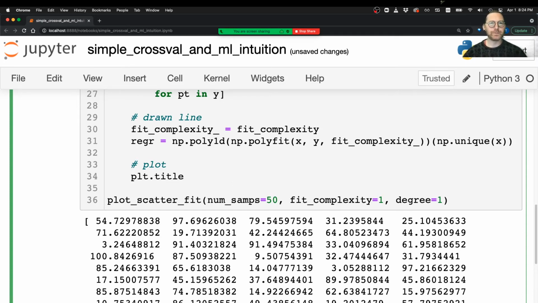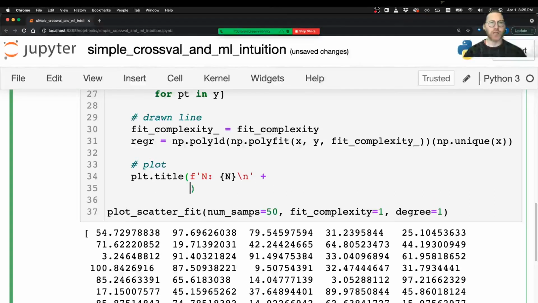I'm going to make a title, and I'm going to say n. This is just the number of items, and maybe I'll do this as an f string. So we'll say n is that, and then I'm going to do this on multiple lines just to keep it well organized. And I'm going to say data degree.